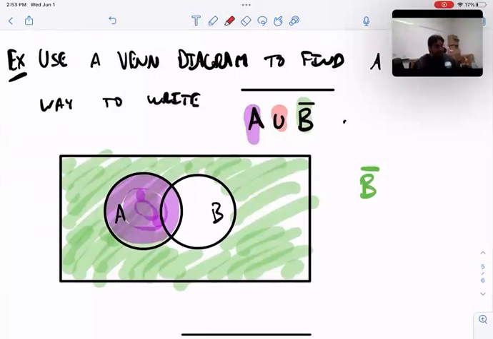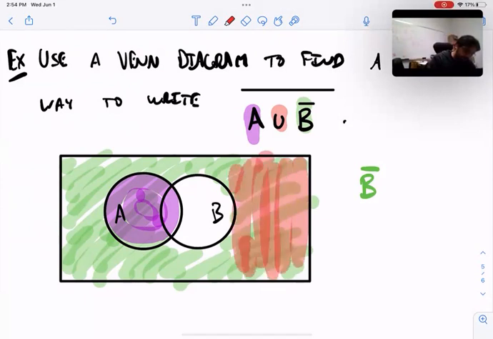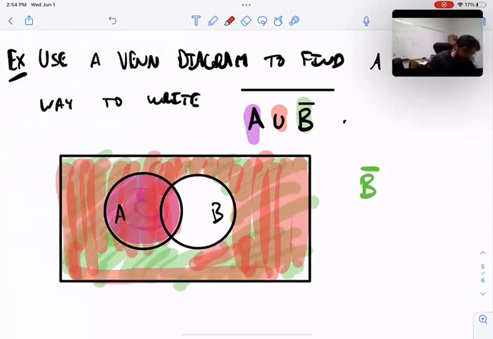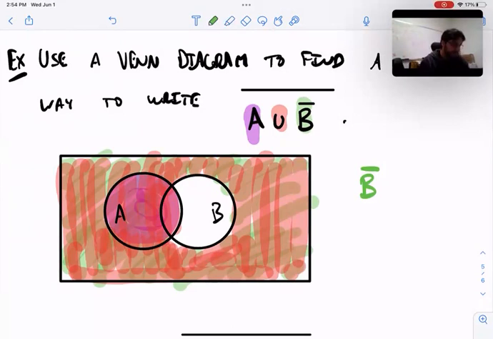So anything that's in either region, anything that's purple or green or both, anything shaded like that counts as part of the union. So the union there is going to be all of the green along with all of the purple, taken all together. That's the union of those two sets.